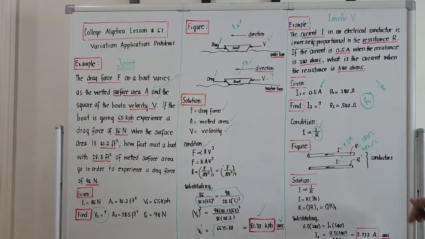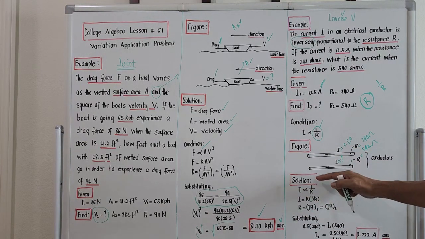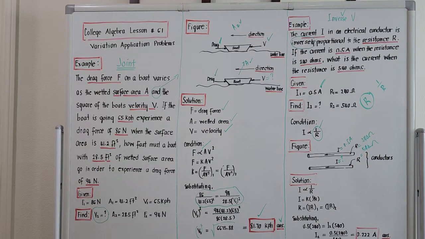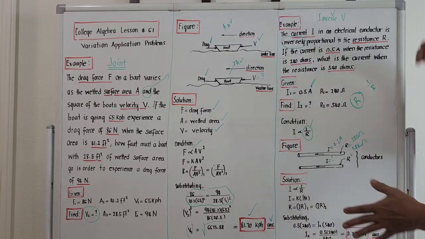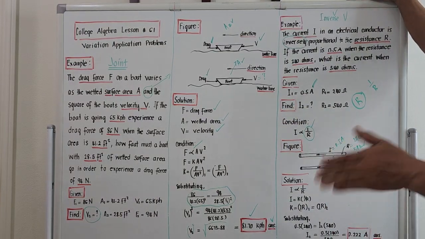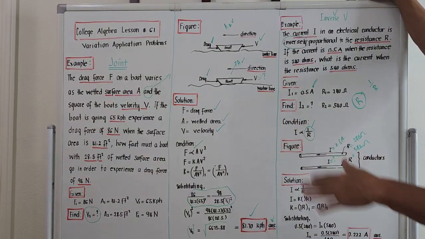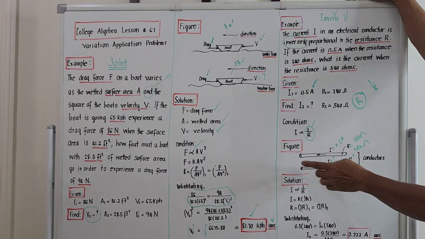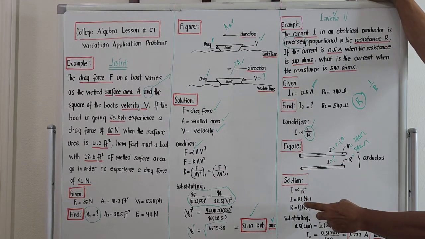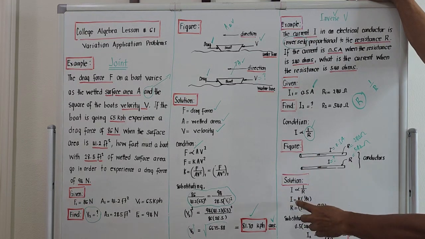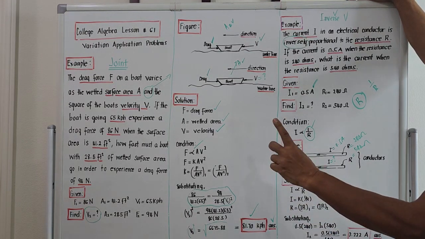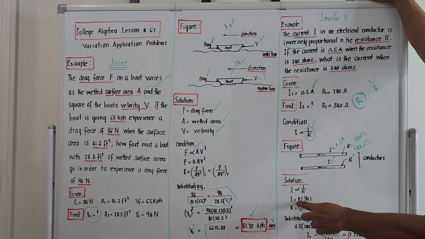With the given condition, current varies inversely with resistance. So the key to the solution of the problem is knowing the given condition that current varies inversely with resistance. If we now try to bring out the solution, I will replace this alpha, the constant of proportionality, by an equality sign, but we must introduce k.